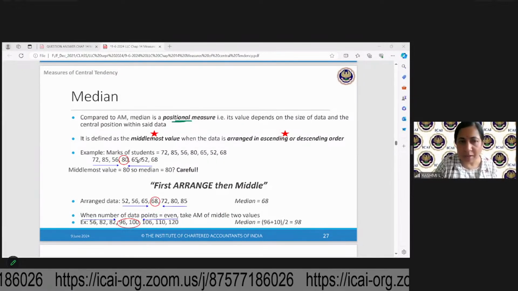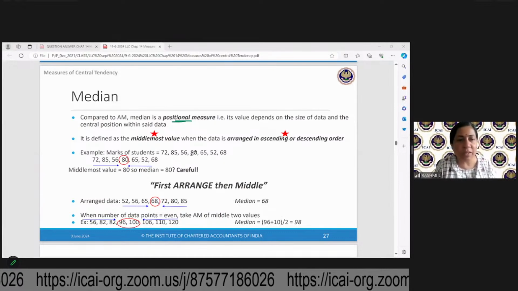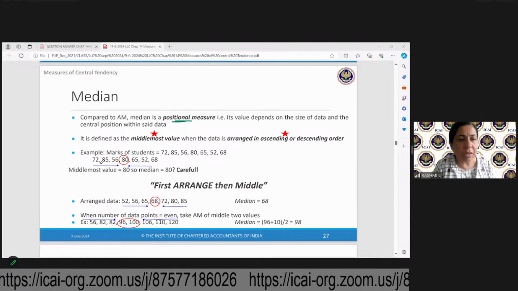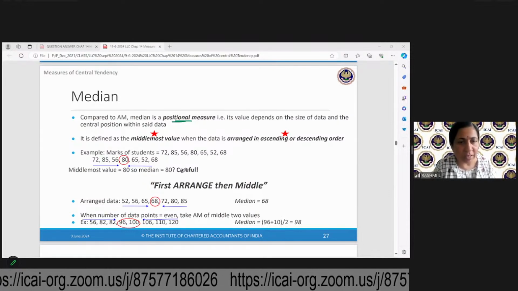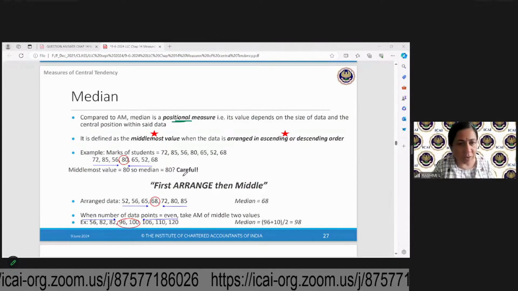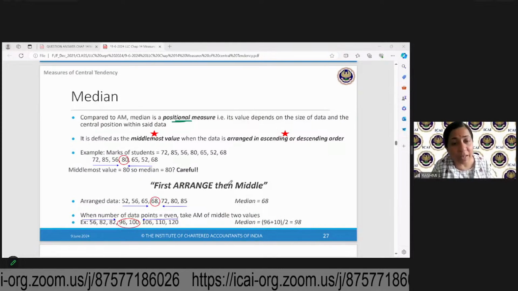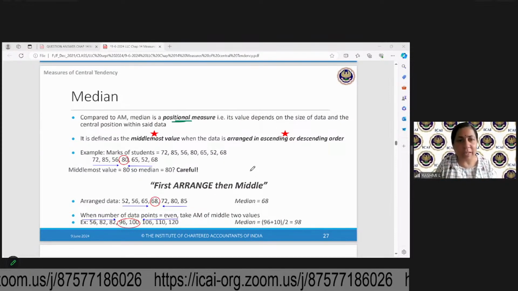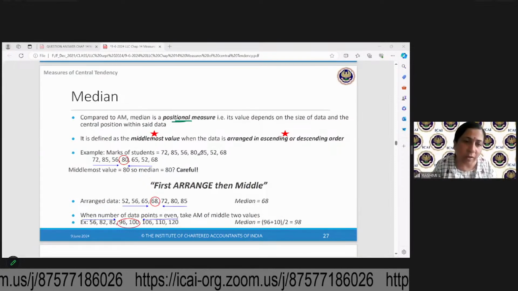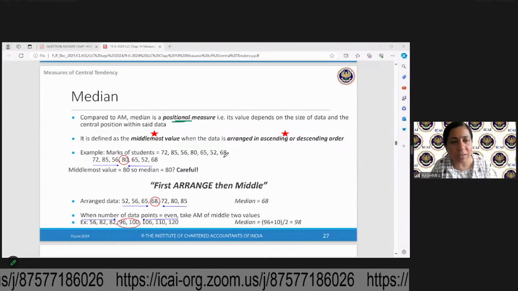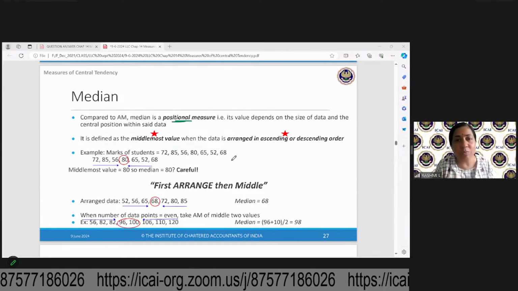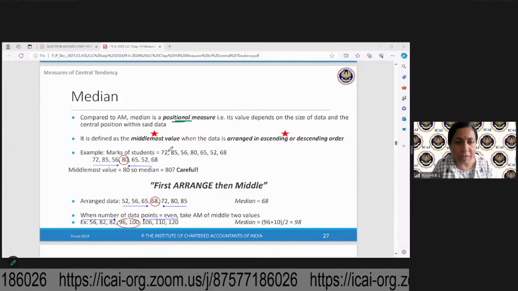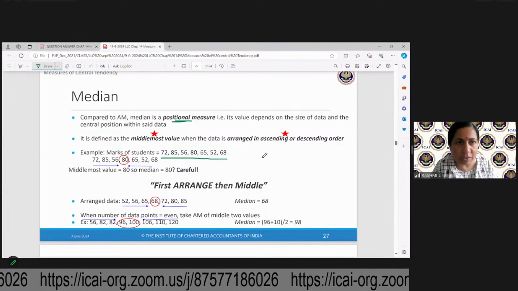Now, for example, if I have marks of students 72, 85, 56, 80, 65, 52, 68. So the middlemost value is 80? But you have to be careful, because you have to first arrange and then find the middle number. You cannot do it directly like this. So what I will do, this is my data, I will first search for the smallest data. What is the smallest number?